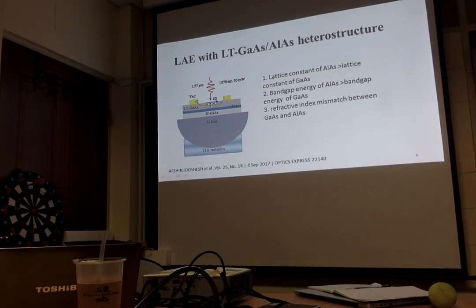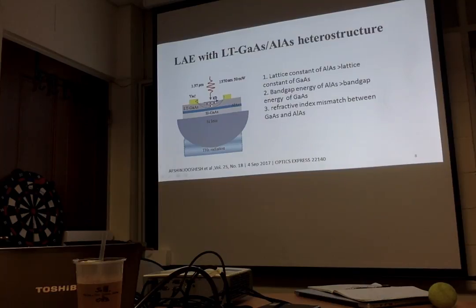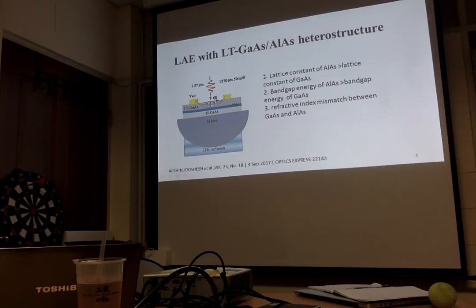What does it mean? Slow carriers are those carriers that reach the contact electrode after several picoseconds or even longer. So we need to make this happen. Then people think, why not just make the gallium arsenide very bad, extremely bad, make a lot of traps inside of this kind of semiconductor.